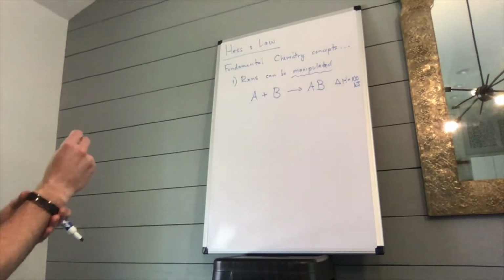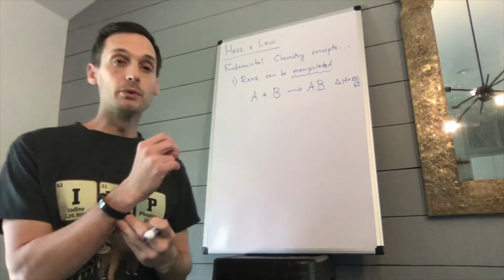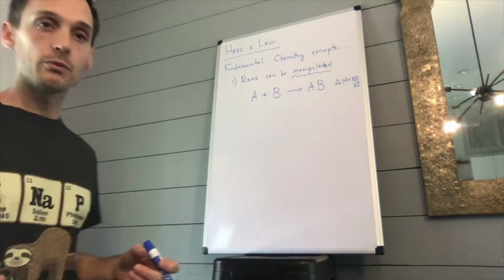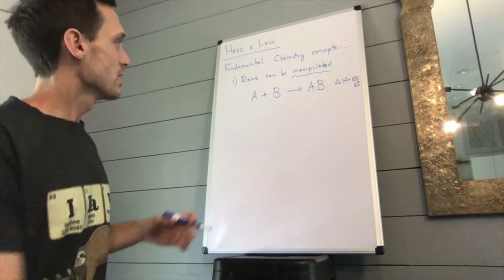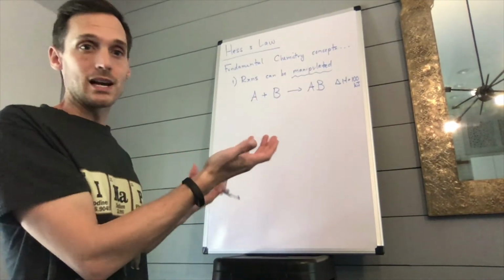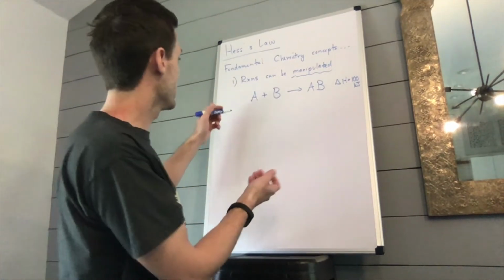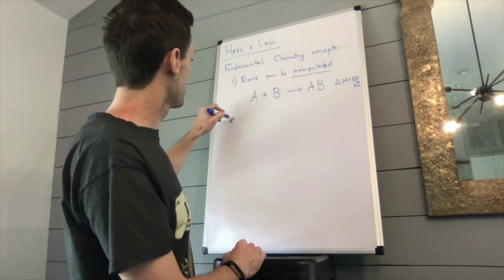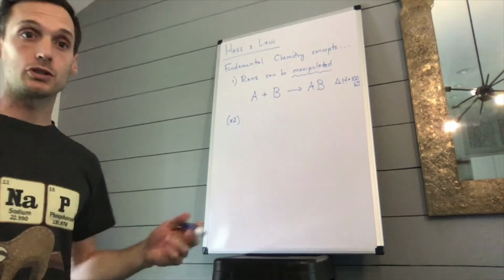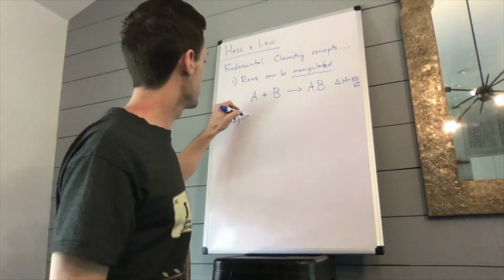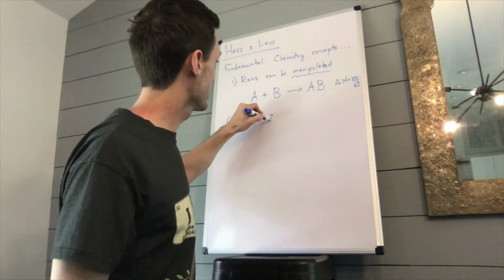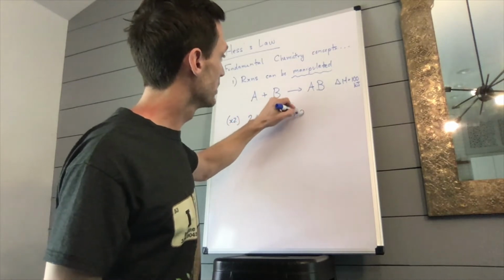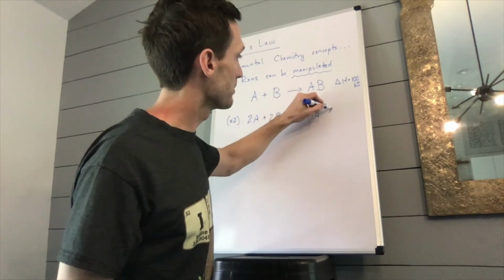Now, we can manipulate this reaction in a couple different ways. The way that we did in the review problem was to multiply this entire reaction by a number. So if we wanted to multiply everything by 2, it would become 2A plus 2B goes to 2AB.